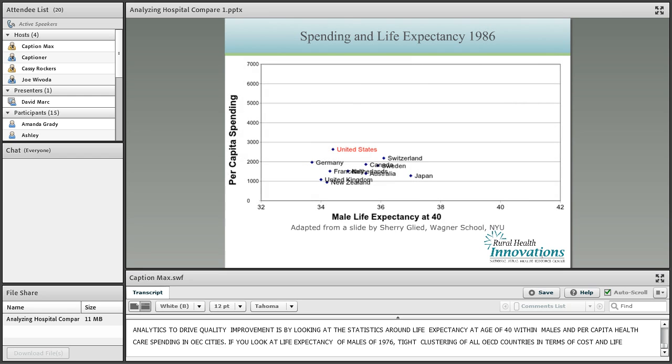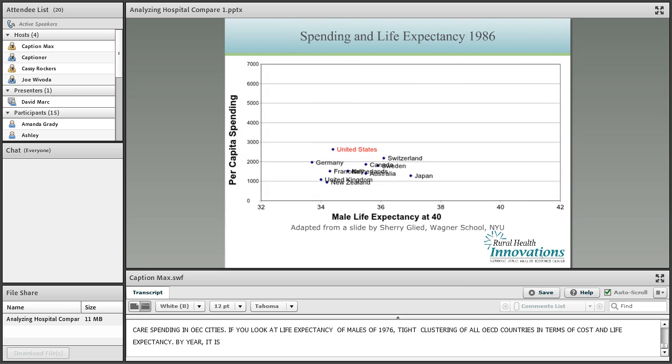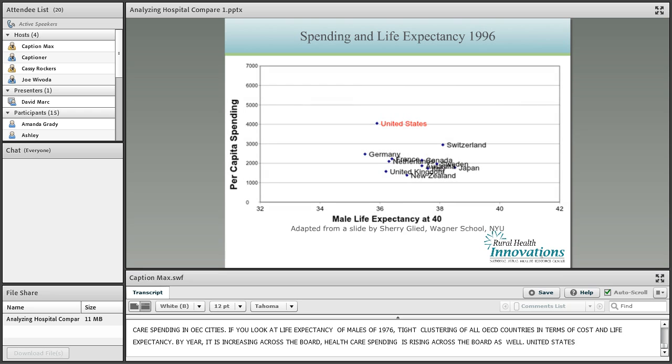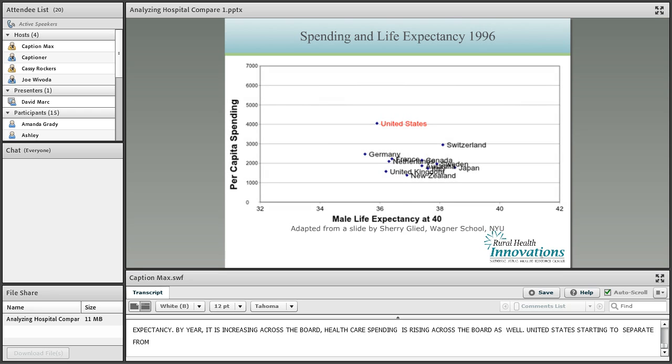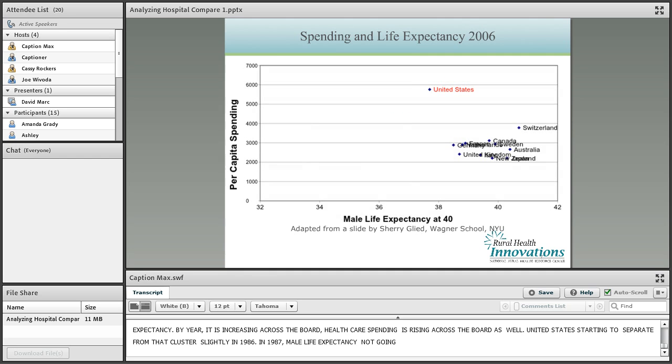So if you look at the life expectancy of males in 1976, there's a pretty tight clustering of all OECD countries in terms of cost and life expectancy. But if you look by year, you can see that life expectancy is increasing across the board, which is good, but you can also see that healthcare spending is rising across the board as well. And you can see the United States starting to separate from that cluster slightly in 1986.